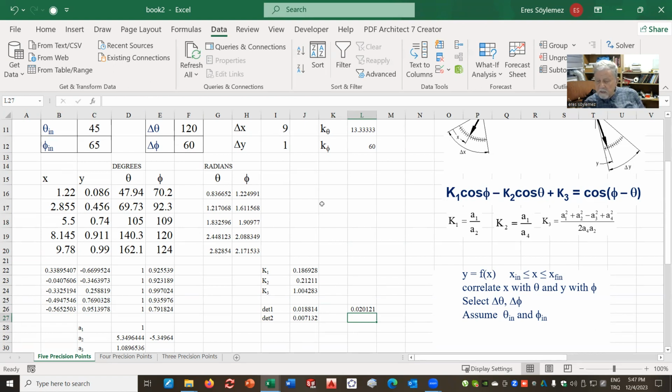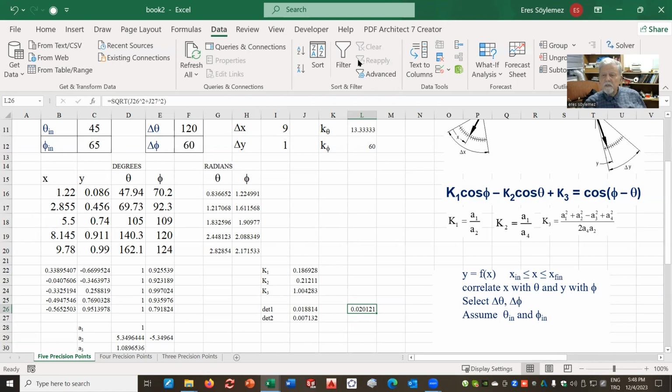The only possibility for determinant 1 and determinant 2: since it is positive definite, when this cell is equal to 0, both determinant 1 and determinant 2 will be equal to 0, as you can see. So it is sufficient to have this value equal to 0, in which case the rank of the matrix will be equal to 3, and this K1, K2, K3 that you have obtained from the first 3 equations is a valid solution for 5 precision points.